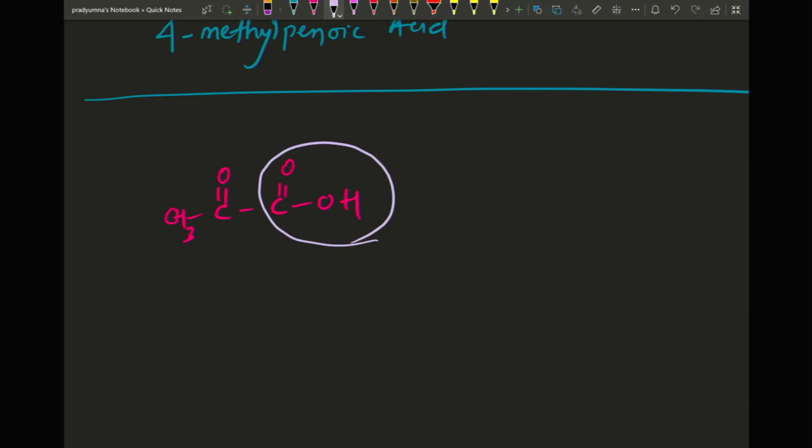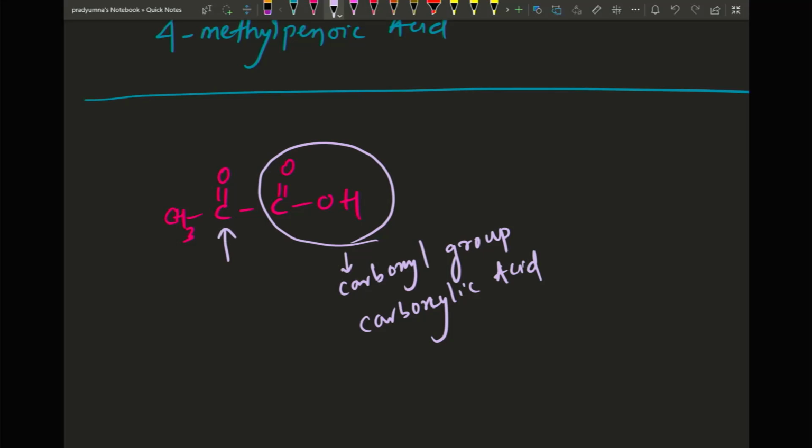This whole thing, COOH, is our carboxyl group, or you can call it carboxylic acid, which is the class of compound. And this one, what is the class of compound? This is a carbonyl, and this one is part of a ketone.